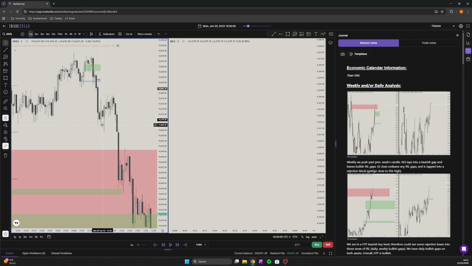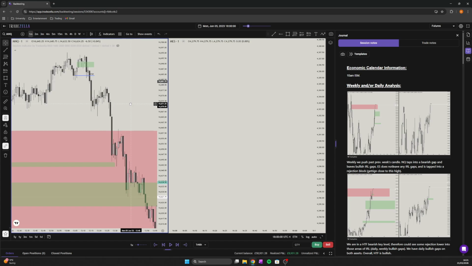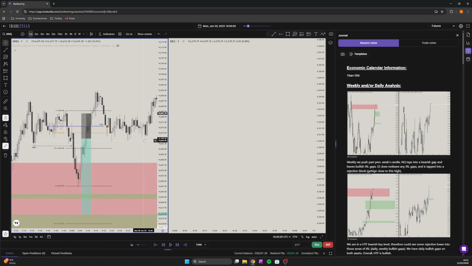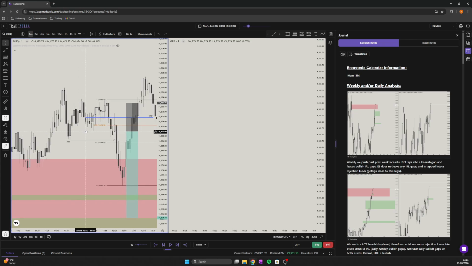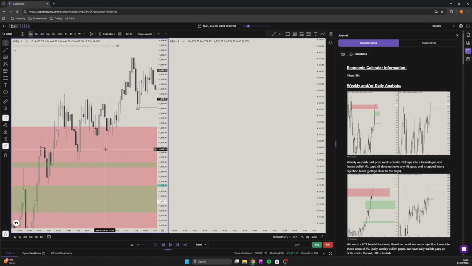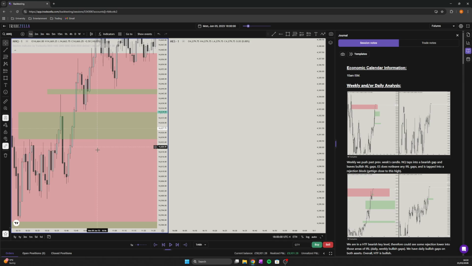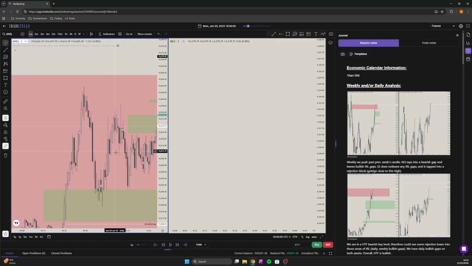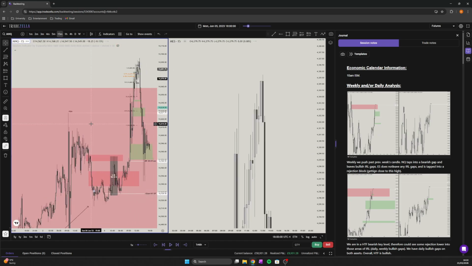Another thing, I want to find ways where it doesn't work. So we're looking for a bullish gap to be inversed and then no inversion, no inversion, no inversion. Okay.